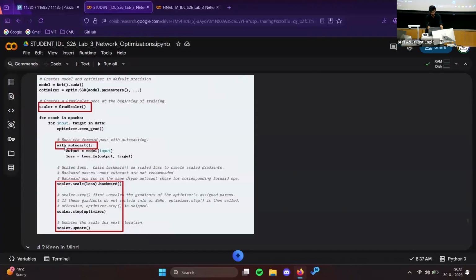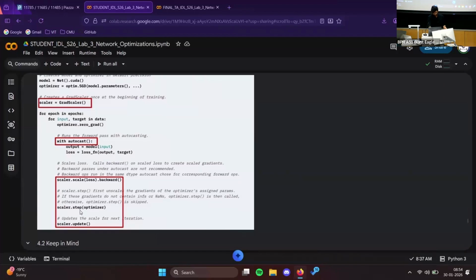In this case, we are calculating the outputs, which are activations in half precision, and also the loss in half precision. Since the gradients can underflow, we need to scale the loss, and this is done by scaler.scale(loss), and then we are calculating the gradients. And we use the same scaler object to take a step with the optimizer. Internally, this will descale the gradients, and then it will take the step.